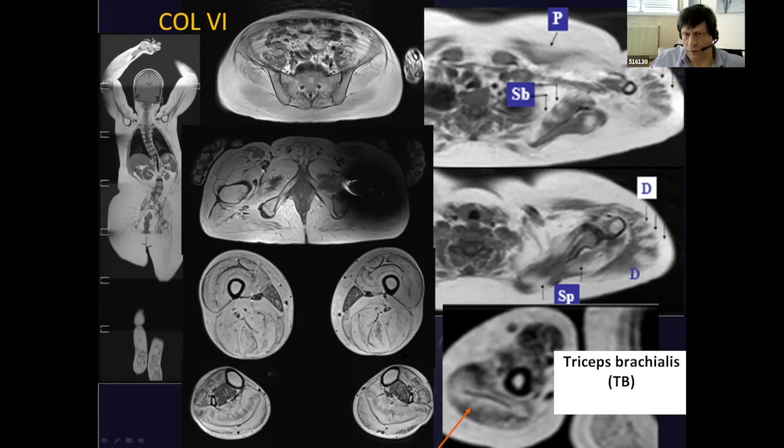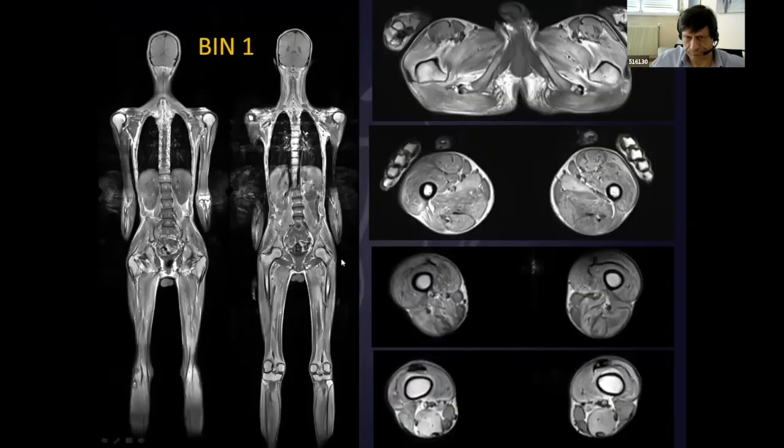it is the same also in triceps brachii and deltoid. You have target modification, and it is very evocative of collagenopathy type 6. Sometimes you have a very, very particular aspect of the fatty replacement in muscles. Here it is like aquarelle.